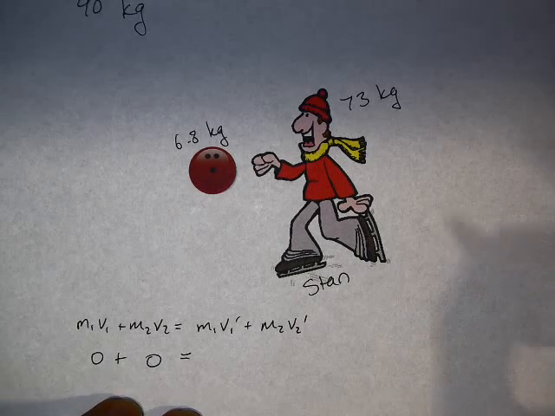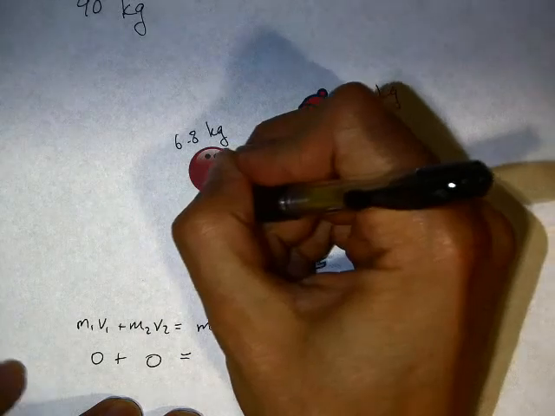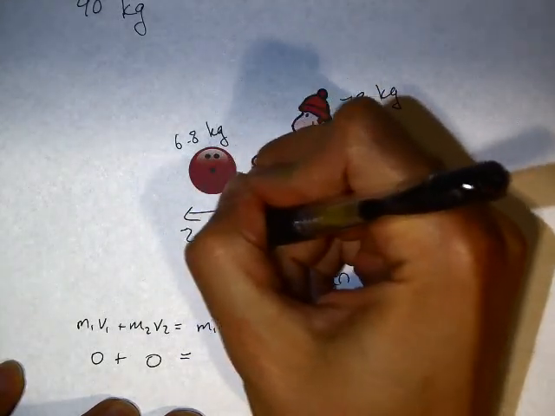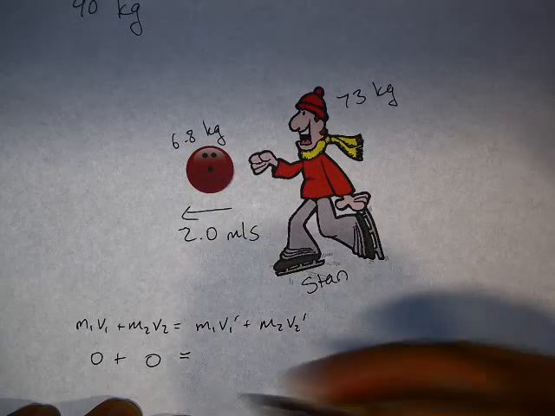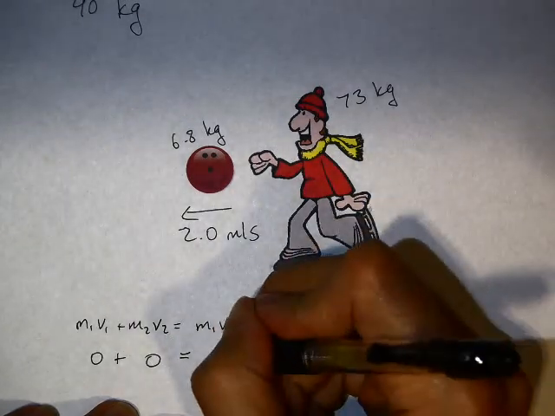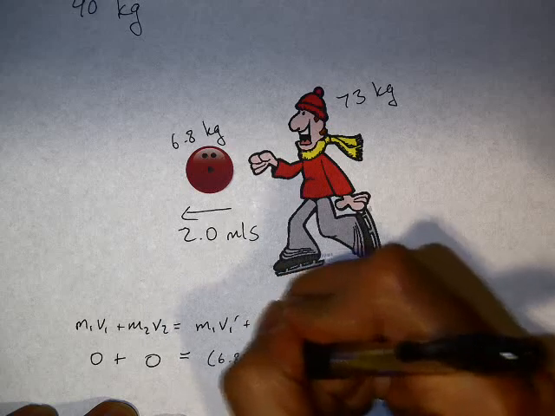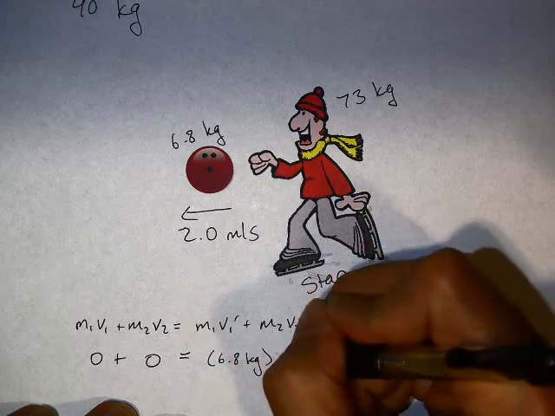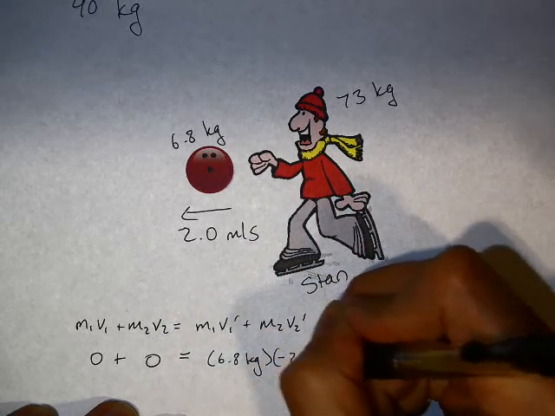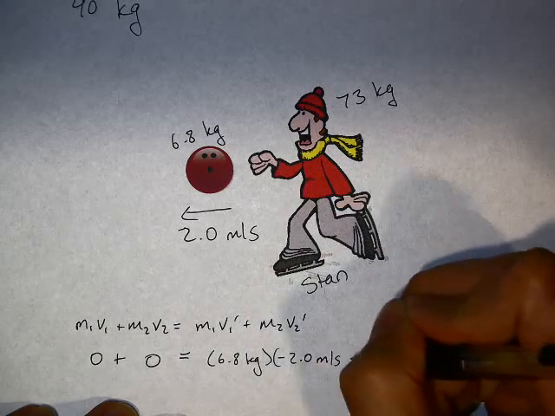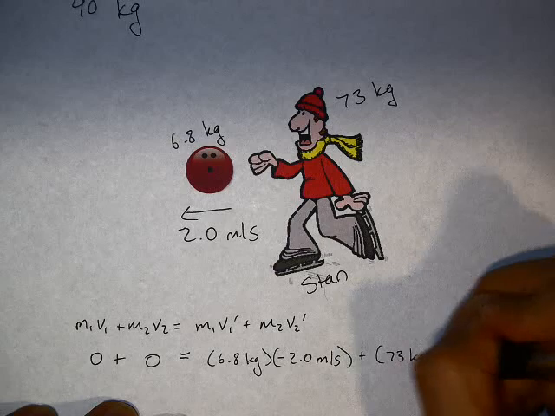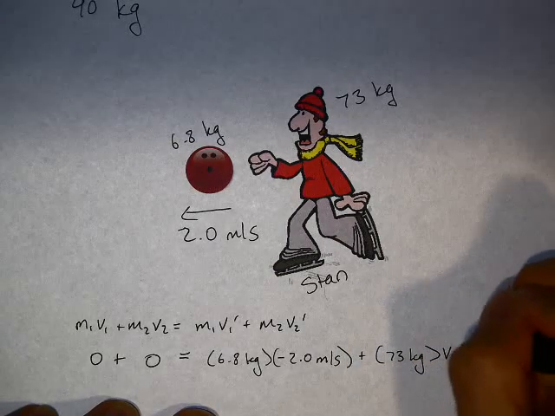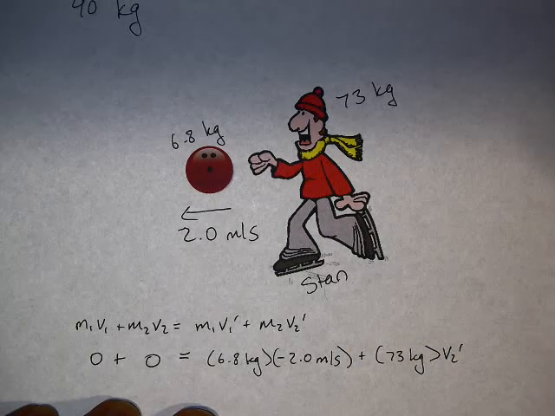So if the ball gets thrown at, let's say, 2.0 meters per second, then we have a ball of 6.8 kilograms with a velocity of negative 2.0 meters per second, negative because it's moving left, plus 73 kilograms for Stan at velocity v2 prime.